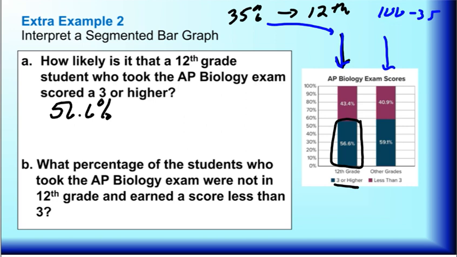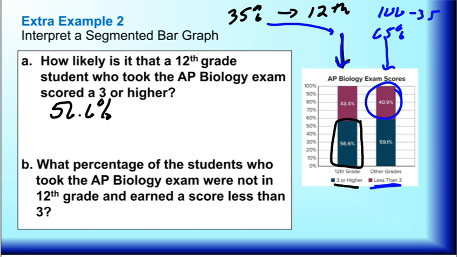And 100 minus 35 would give us 65%. So this is 65%. So 65% of the students were not 12th graders who took the AP biology exam, and then earned a score less than 3. Less than 3 is 40.9.